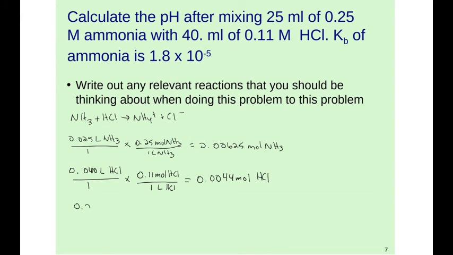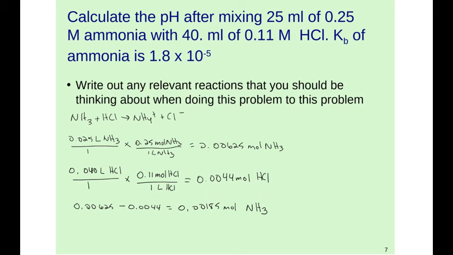And figuring out exactly how much, we find the difference. 0.0044 moles of ammonia are neutralized with 0.0044 moles of our HCl. And we're going to have 0.00185 moles excess NH3.